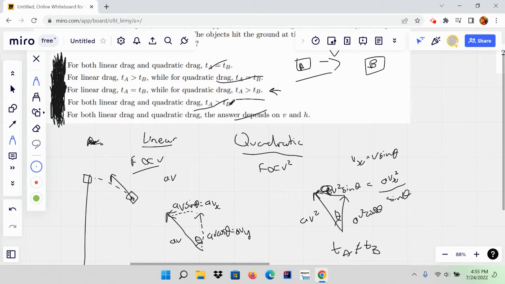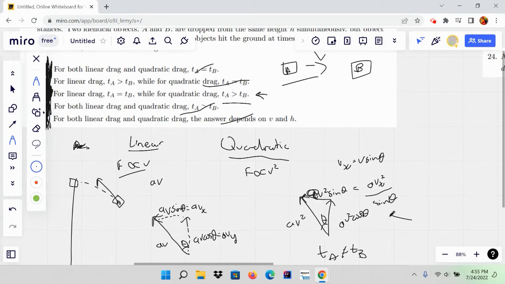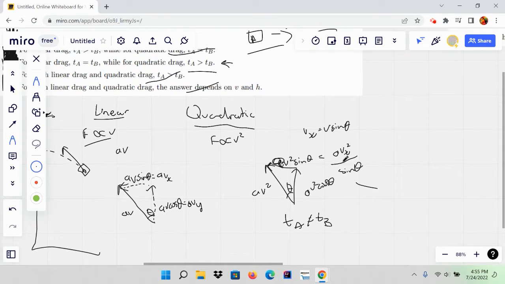And to see specifically why TA is greater than TB, or why, if you were to throw a block, it takes longer to reach the ground, it's mostly because if you throw the block, you're going to have a higher resistive force on the block, right? Because you have an extra horizontal component to your velocity. So you're going to have a higher force, because force is proportional to velocity squared.